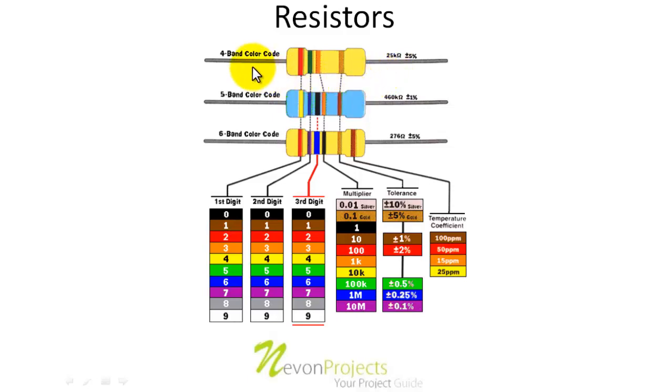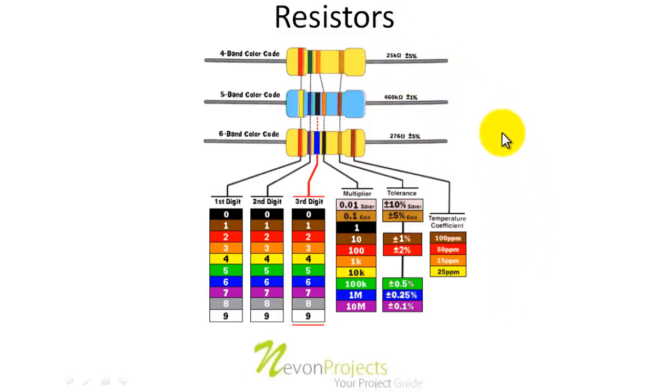Similarly, the resistance of a resistor can also be measured with a multimeter, by connecting its leads between the terminals of the resistor and putting the multimeter in resistance mode. So this is how the resistance of a resistor is measured.